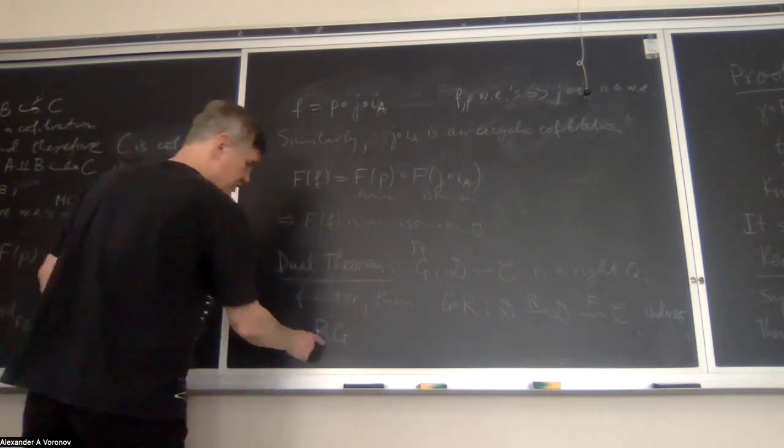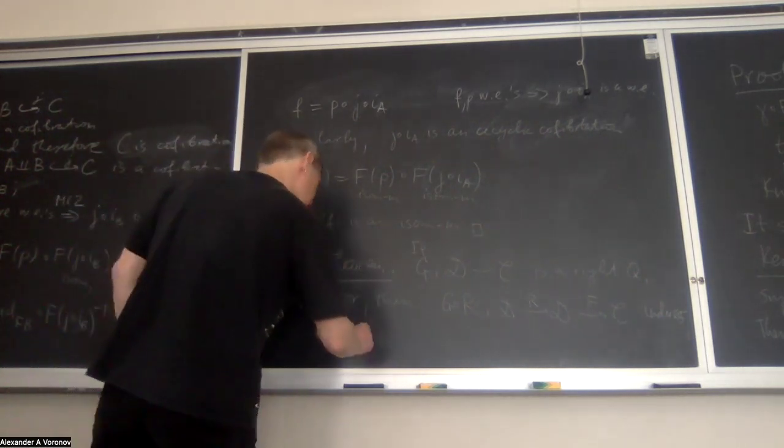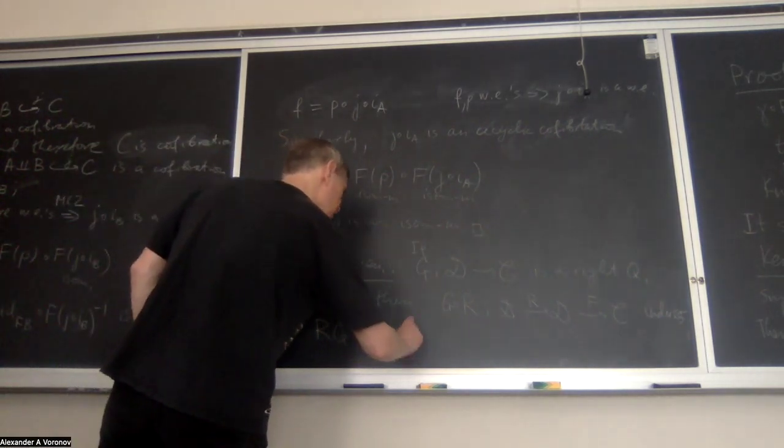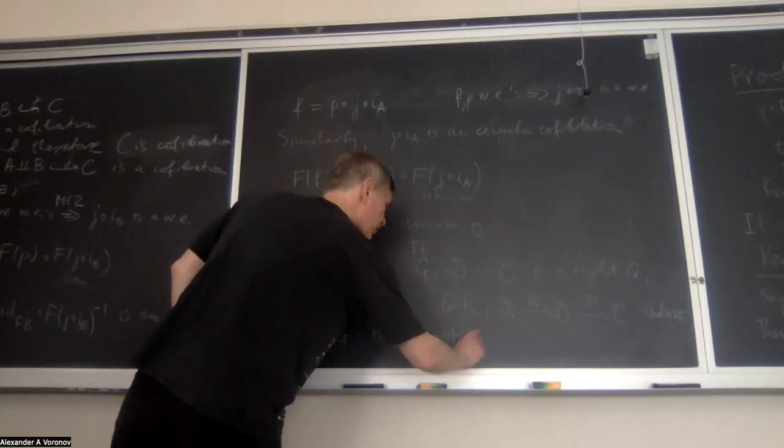So this R stands for the right derived functor of G, and this goes from the homotopy category of D to the homotopy category of C.